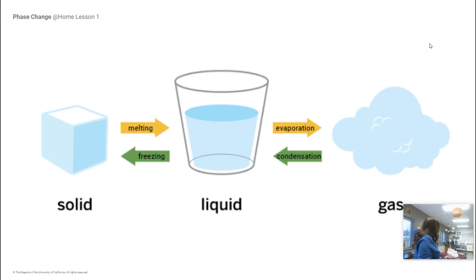Nathan, what does the second question ask? Did a phase change or phase changes occur? If so, which ones? Okay, so you just have to say which one. If you think a phase change occurred, which one do you think occurred? If you want another look, you're welcome to have another look.